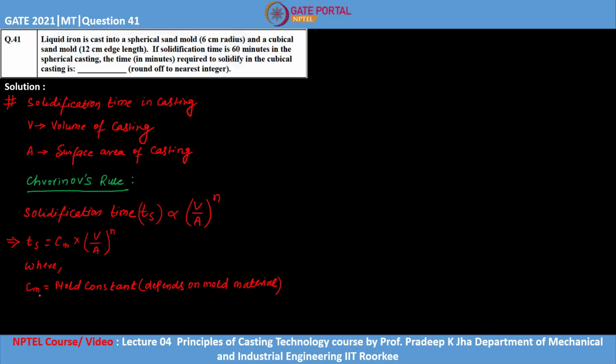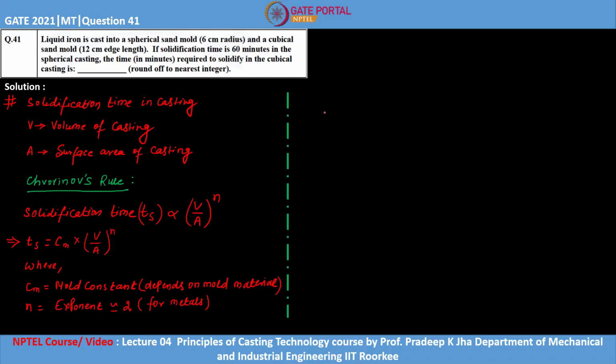So the value of Cm will be dependent on that factor, and n here is an exponent, which will be equal to 2 for metals. So in our case, since it is iron, we can use n equal to 2 for our solution.